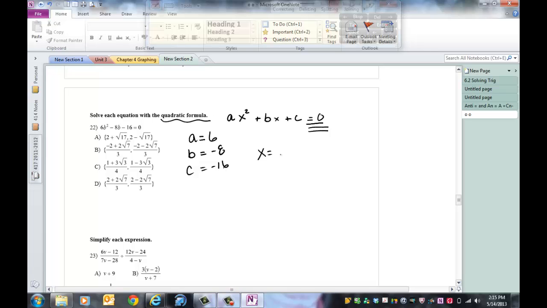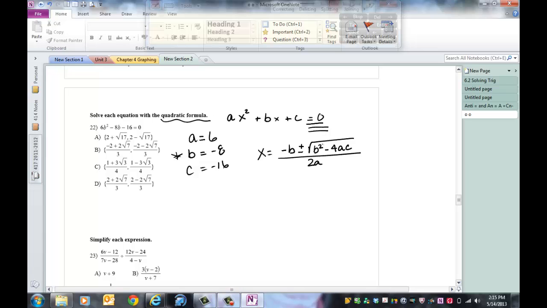This would be something great to write down on your note card, so that way you don't have to try and memorize this. Quadratic formula: x equals opposite b plus or minus square root b squared minus 4 times a times c all over 2 times a. Plug it in. Be very careful because this b is negative.